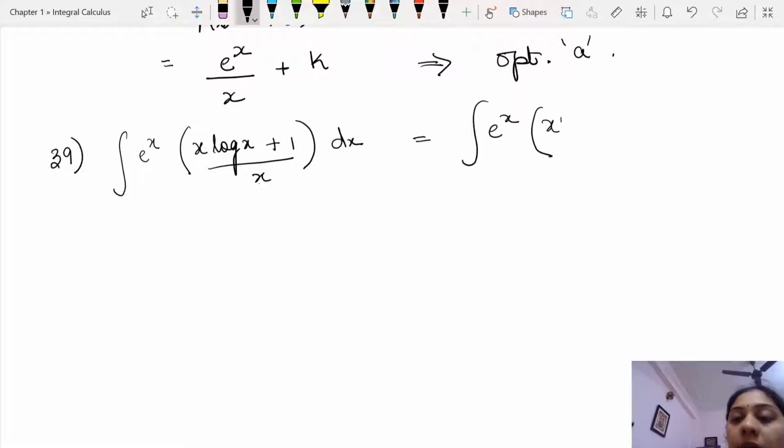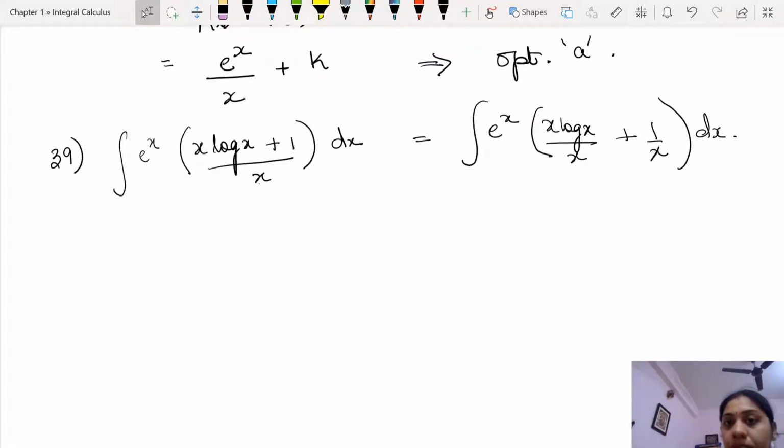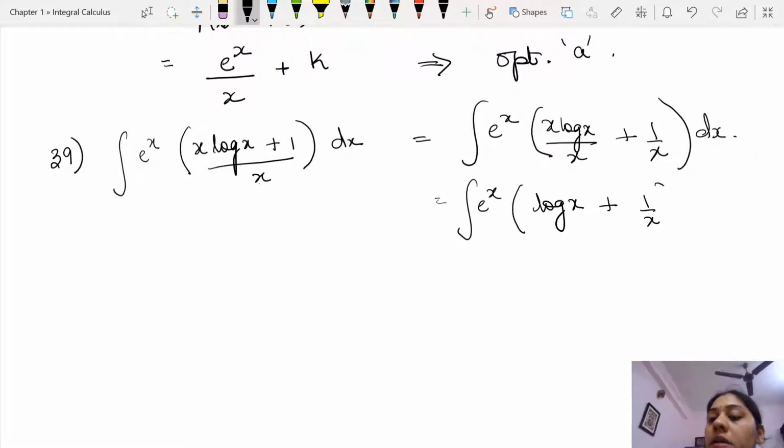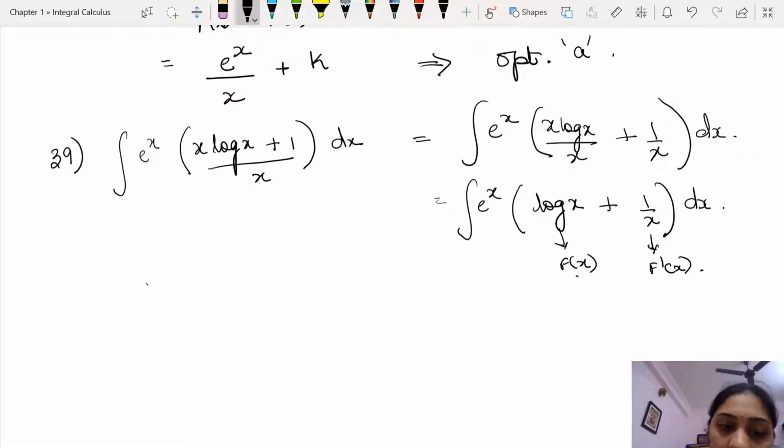When we split it, it becomes log x plus 1 upon x, close the bracket, dx. Now this is your f of x function, log x. When we differentiate log x, what do we get? 1 by x. So this becomes my f dash of x function. So my final result is e power x log x plus k.